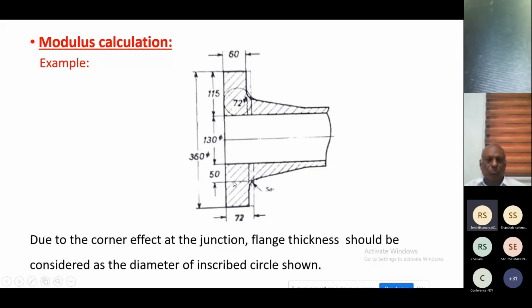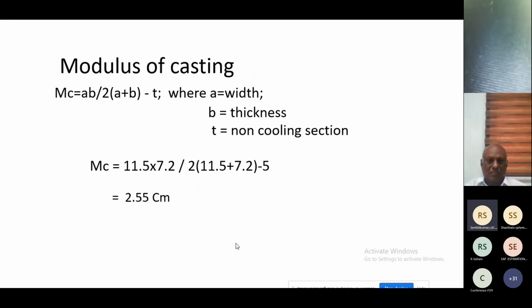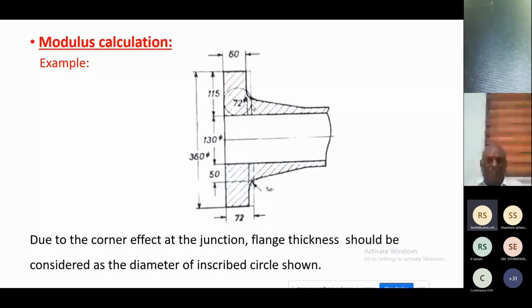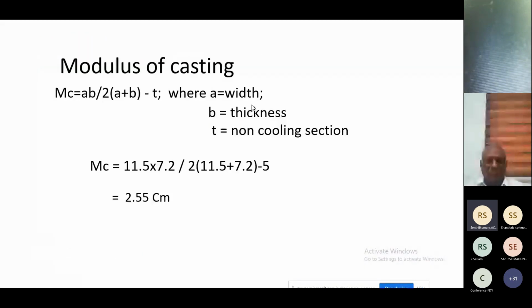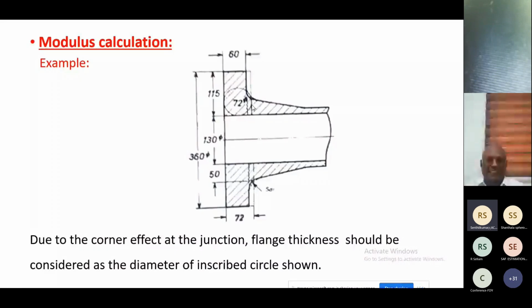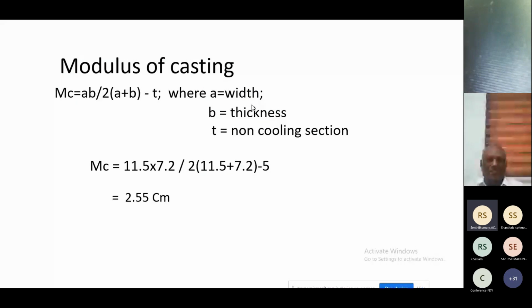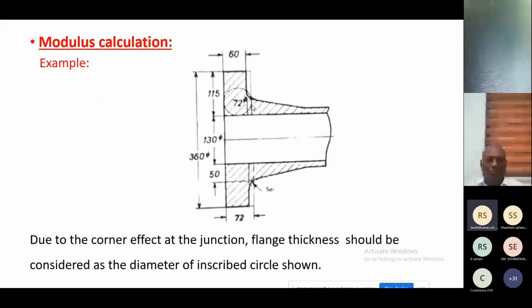So non-cooling surface has to be removed from the casting for calculating the casting modulus. Width is 115 mm, that is 11.5 centimeter. B is the thickness. Thickness is 60, we have to take it as 72. T is the non-cooling surface, that is 50, that is 5 centimeter.